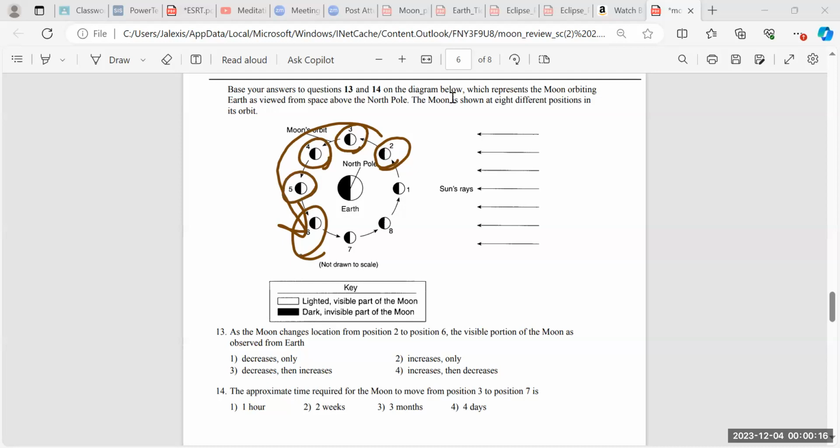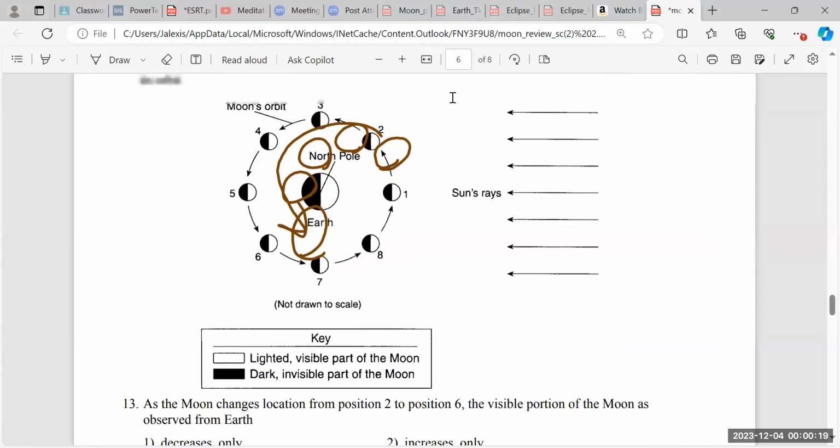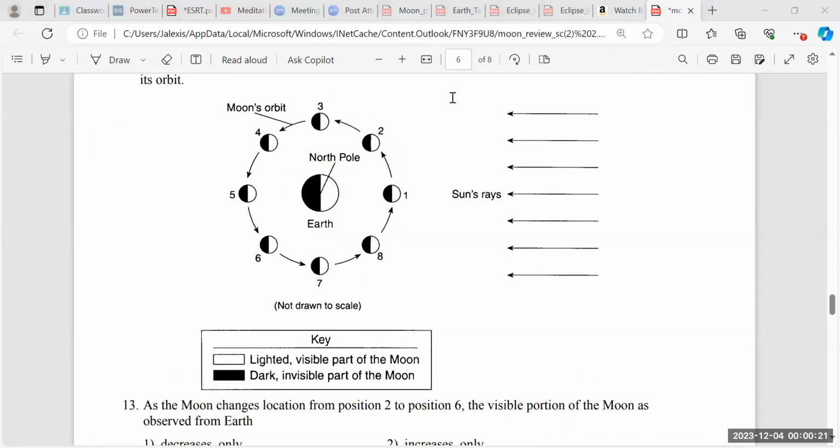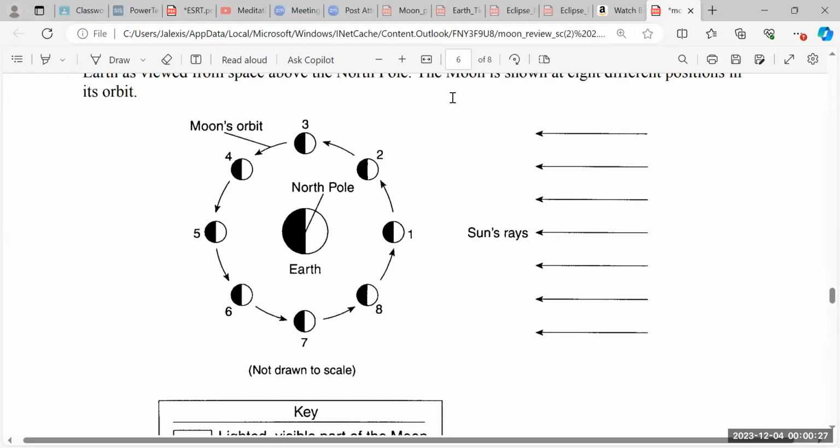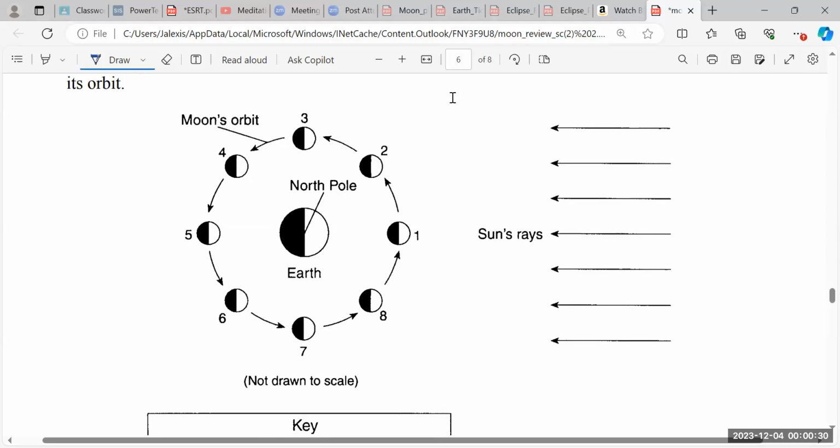So that means we are going to draw each of these moon phases. So get your pens ready to do this work. Let's start off with position 2. Same thing, I'm going to draw a straight line to the edge of the circle in the orbit, and cut it out. Automatically, what I see here is a little bit of white on the right and a lot of dark on the left.